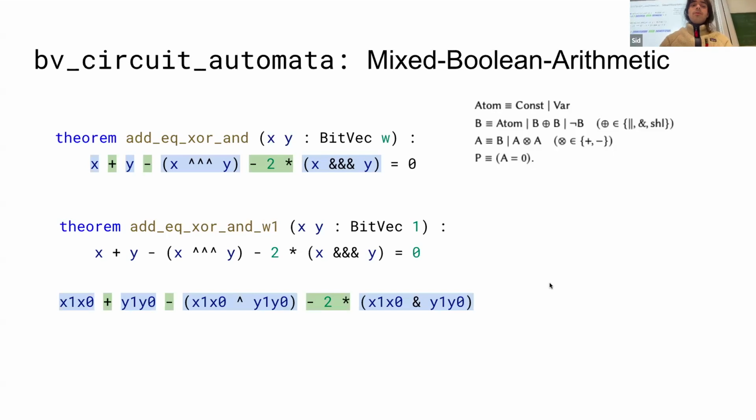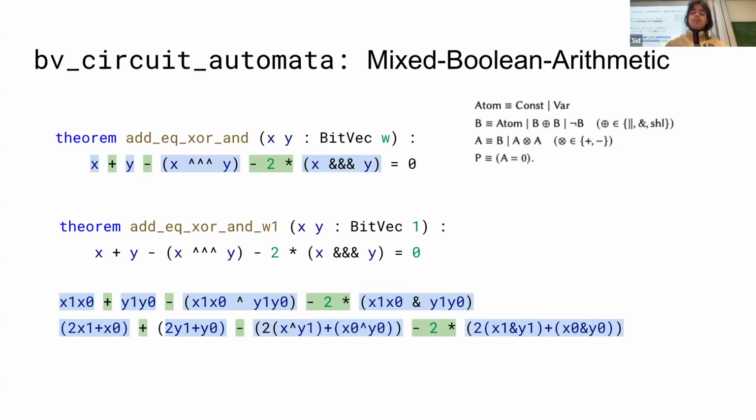I'll show why it holds for bit width 2. So I write x1 and x0 to be x with 2 bits. Essentially we take the original identity, and we then interpret it arithmetically, where x1 x0 is really 2x1 plus x0, right? That's what it means if you have 2 bits. And then we get all of the other terms as well.